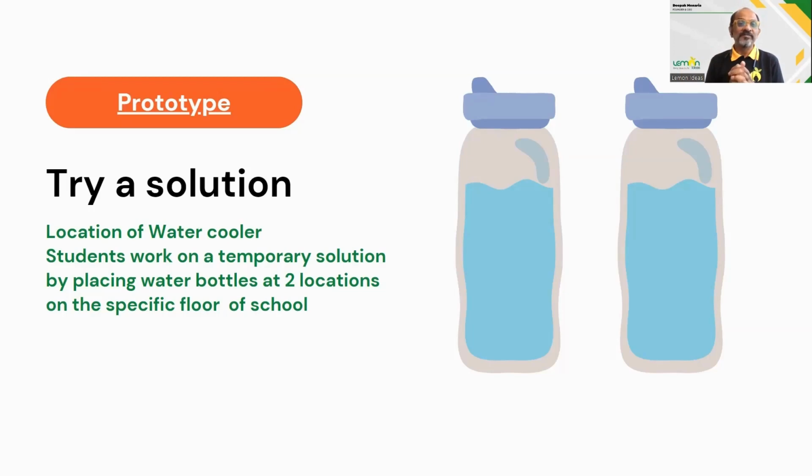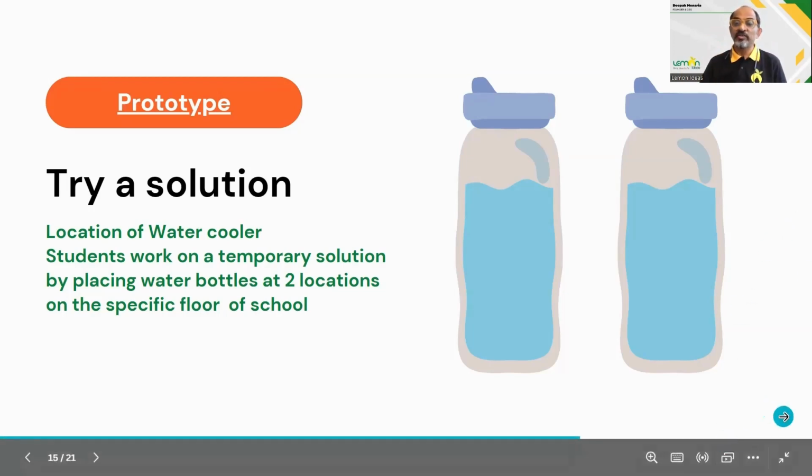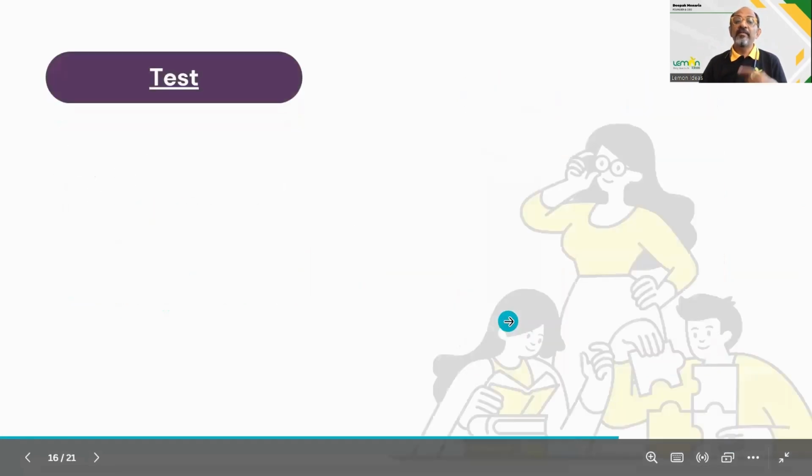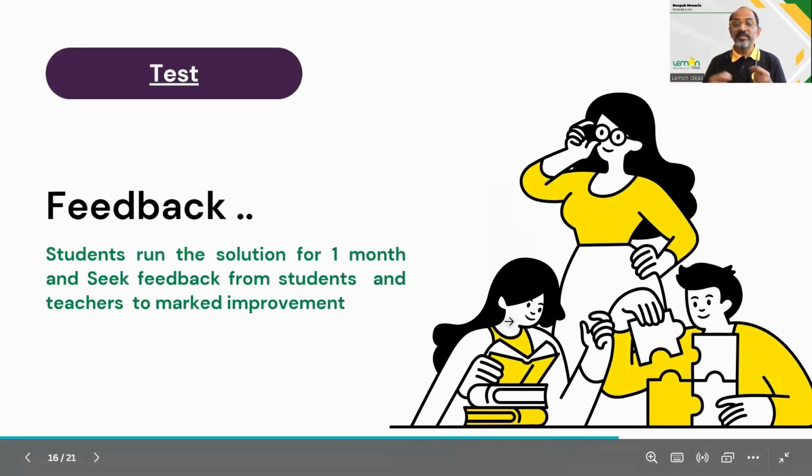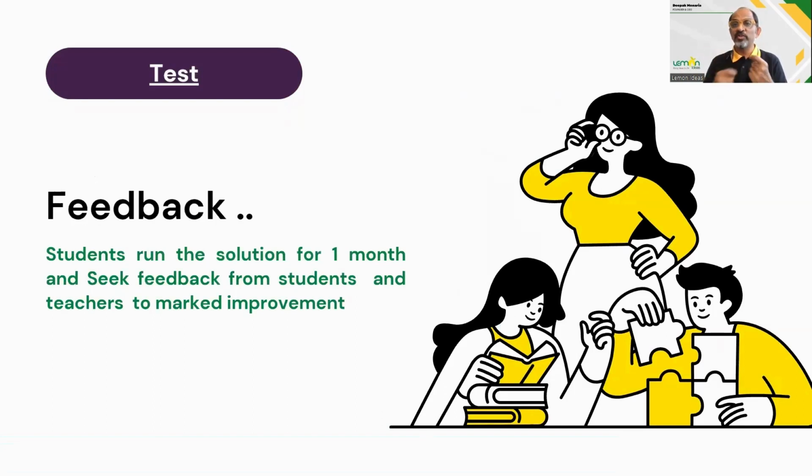They designed a small test solution and ran this test for a month, placing bottles daily after 3 hours, and then went back to children and teachers to get feedback.